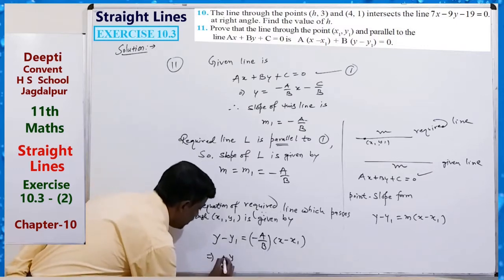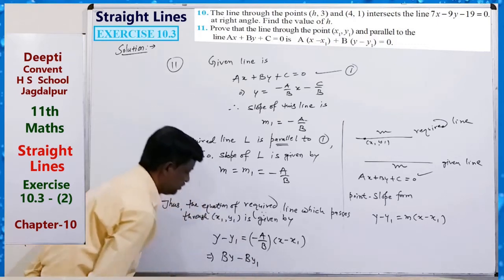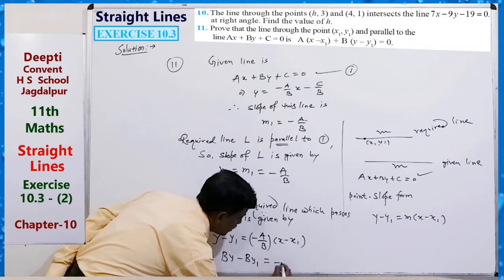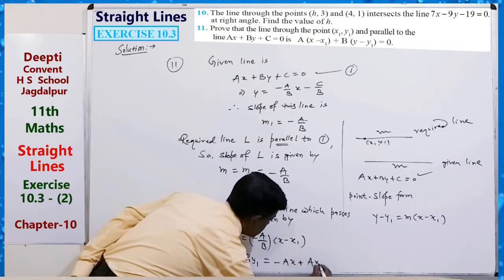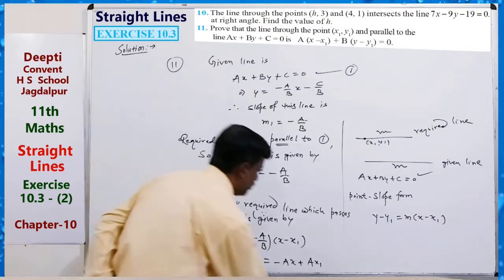So by minus by1, just multiply here, equals minus ax plus ax1. Now it can be adjusted to the required form.